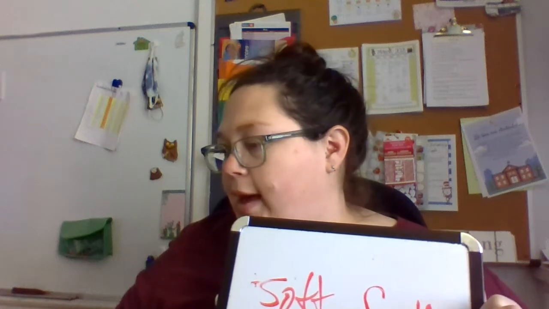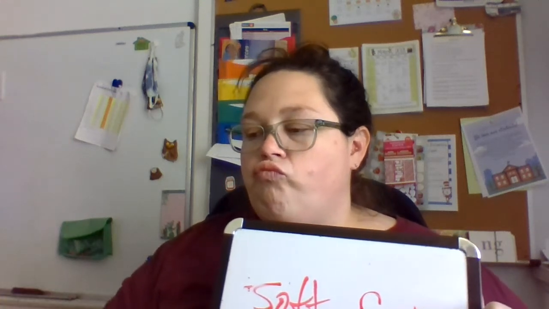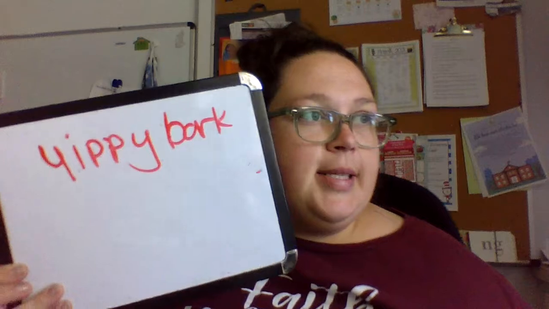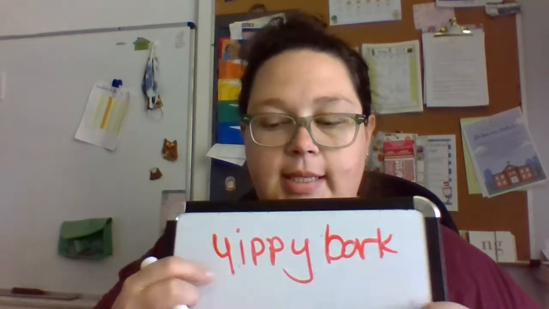So if you had a dog, right? My dog, she's a big dog, but her bark is yippy. She has a yippy bark. So the thing is her bark, right? That's the person, place, thing. The thing is her bark, and this adjective is describing it as yippy.